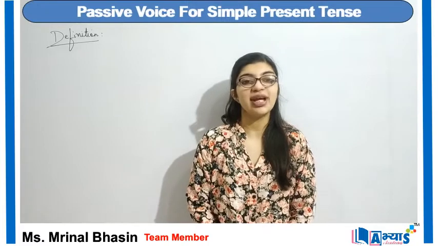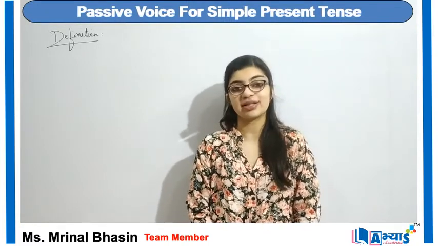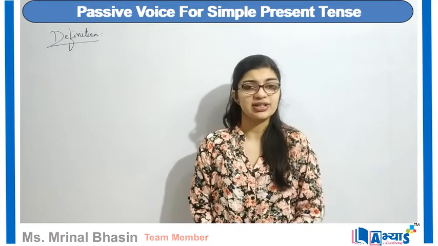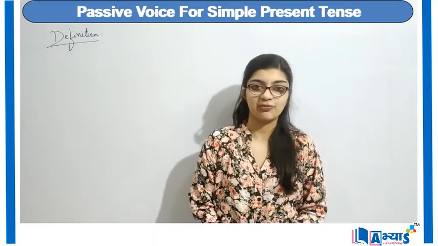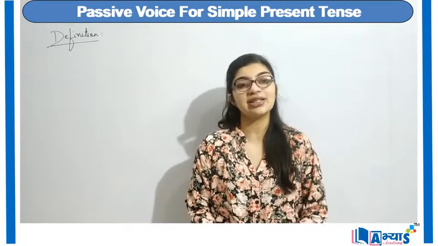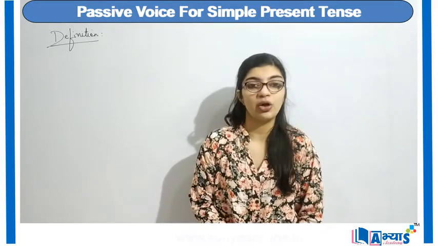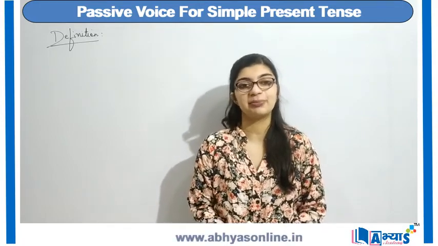So let us begin by understanding what are active and passive voices. First, let us begin with active voice. Active voice is basically the simple sentence that we make, which is used to represent some event or some action that takes place.